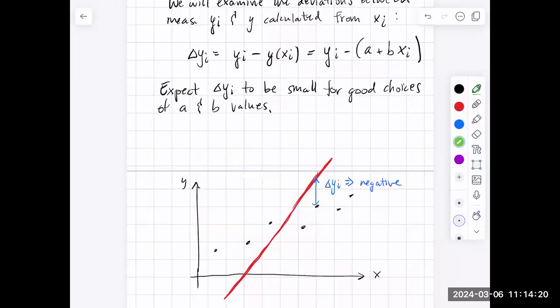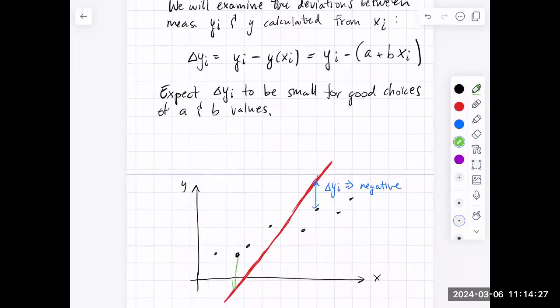And over here, if I pick another point, something like this, then this delta yi would be positive, because the measured point is above the point calculated on this line. So if we were to do the sum of all of the delta yi's, it would average out to a small value because all of these positive ones would compensate with these negative values.